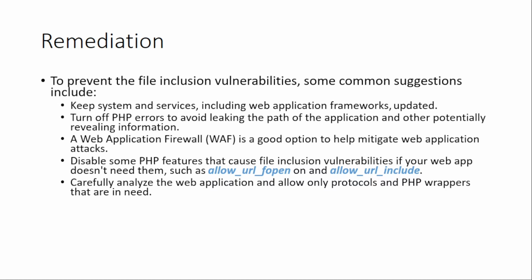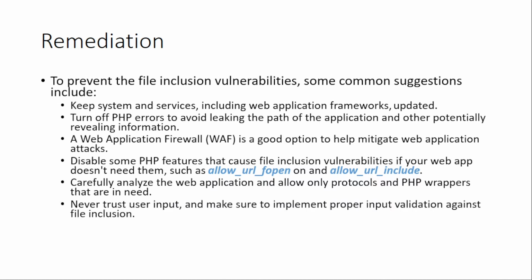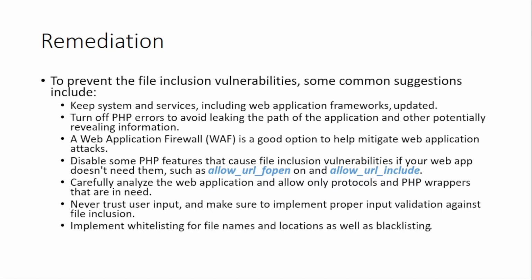Carefully analyze the web application and allow only protocols and PHP wrappers that are needed. Never trust user input, and make sure to implement proper input validation against file inclusion. Implement whitelisting for file names and locations, as well as blacklisting.